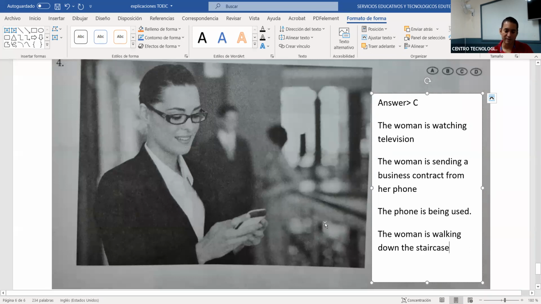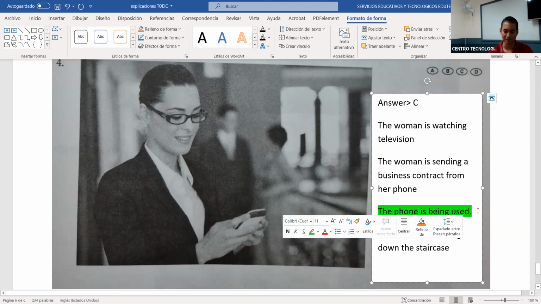Yeah, probably there's a third case, but I cannot see it. And actually, I cannot see if she's walking down the staircase. Probably she's standing, and that's it. So once you apply the strategies, you see option C is the best choice. So you should select this one.